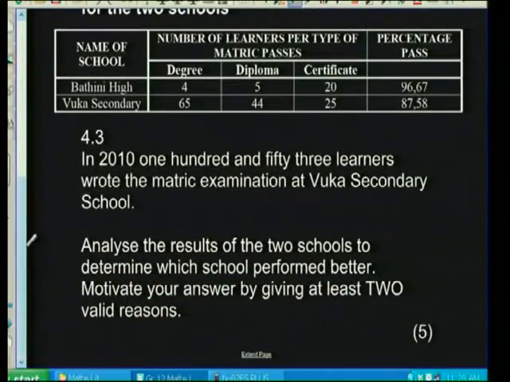Right. In 2010, 153 learners wrote the matric exam at Vuka Secondary School. Analyze the results of the two schools to determine which school performed better and motivate your answer by giving at least 2 valid reasons. So they've given us the total for Vuka High School.